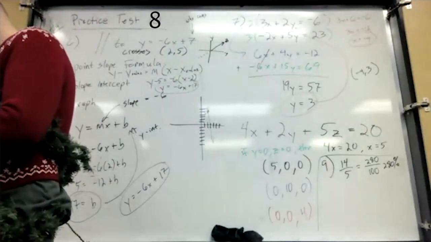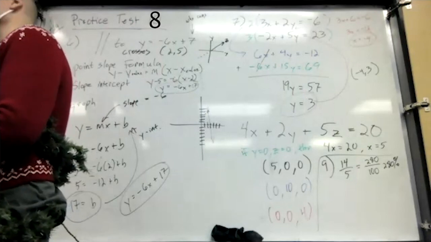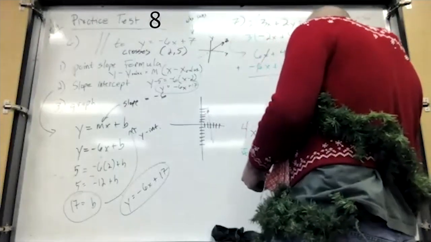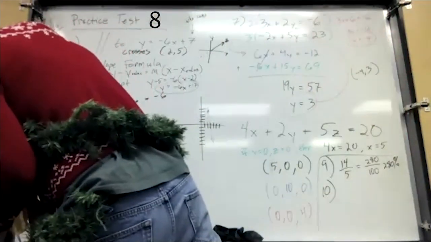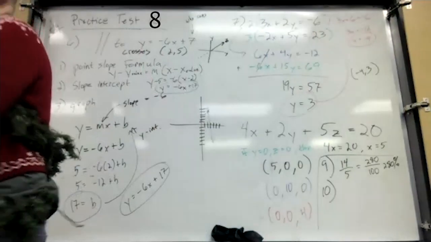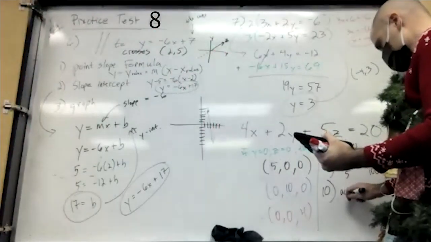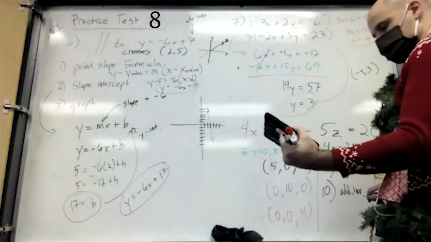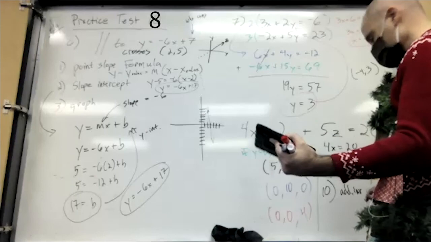Number 10 is find the additive inverse. This was easy. Just negate it. Some of these additive inverses, I thought I was doing it wrong because they're so easy. What if it was the multiplicative inverse? Then you just flip it around. So the additive inverse of, what is that, 6r over 7?